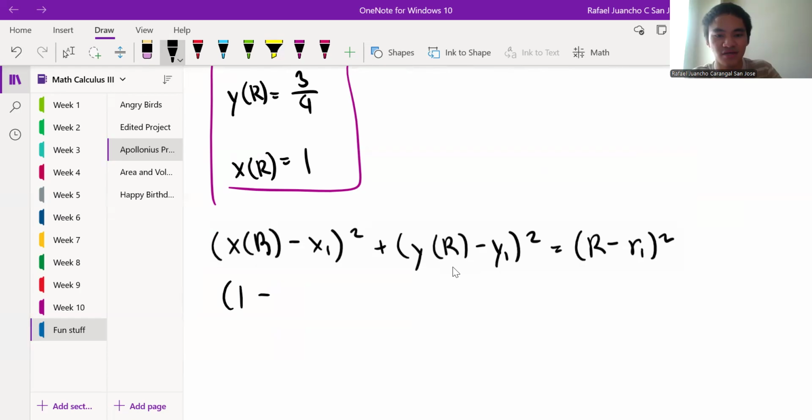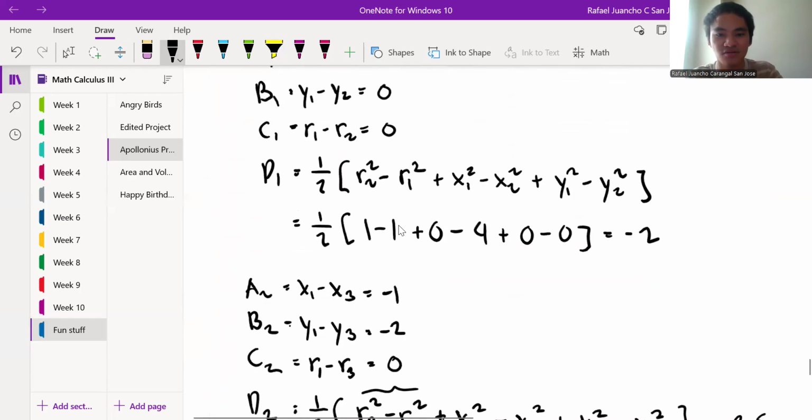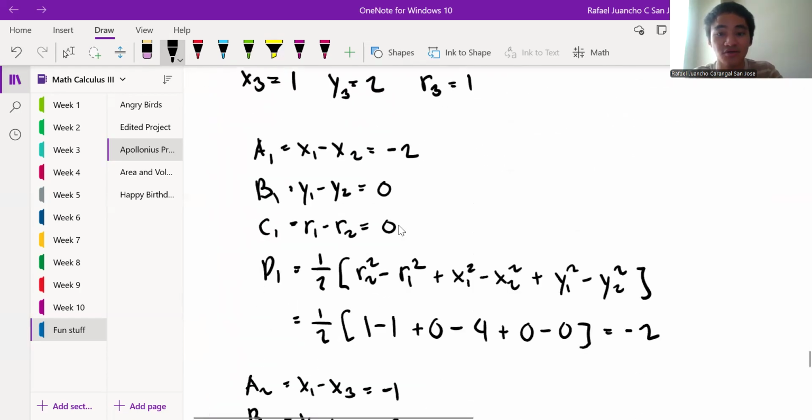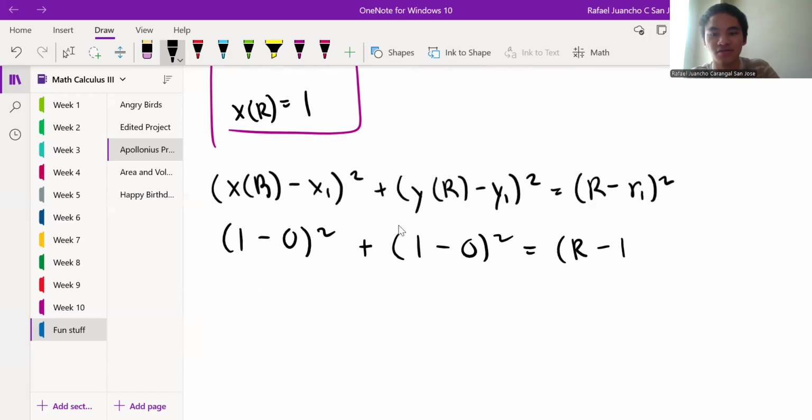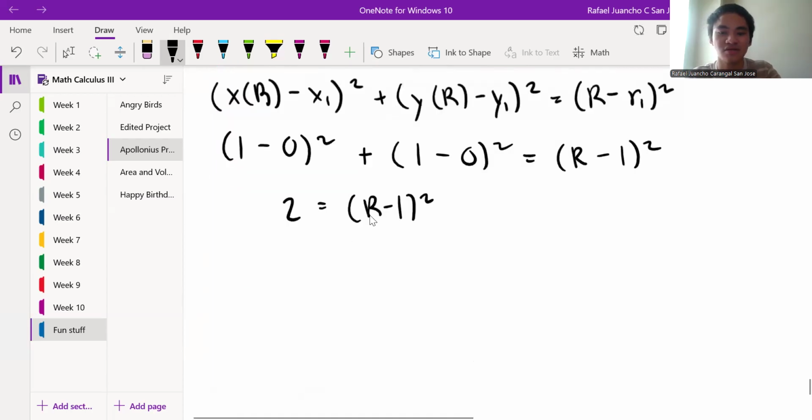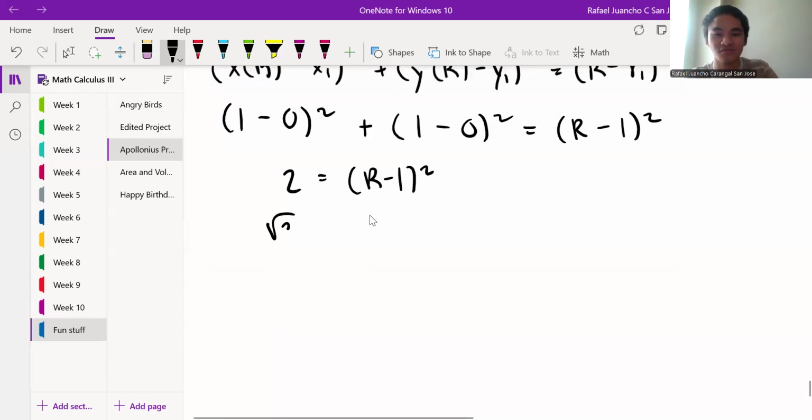This one's 1 minus X sub 1. What do I use? Oh, I use the unit circle. Oh, that's convenient. And this is R minus 1 squared. And then I get 1 plus 1, I get 2 equals this, right? And then I just do a square root of 2.